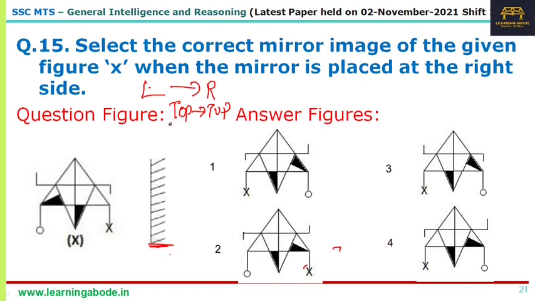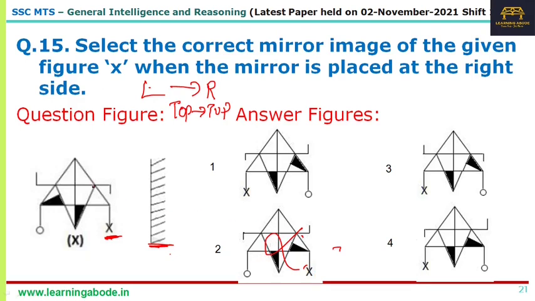Now in such case, to start with, the X is on your right. Now X will come to your left. So option 2 is out. X should be on the left, so option 2 is out, right?